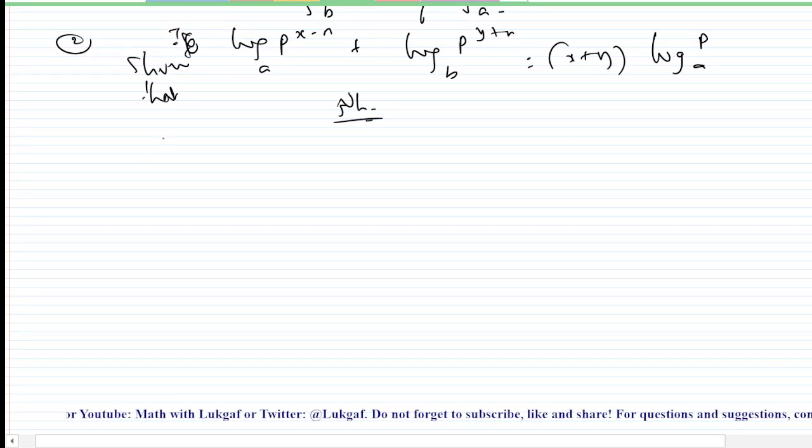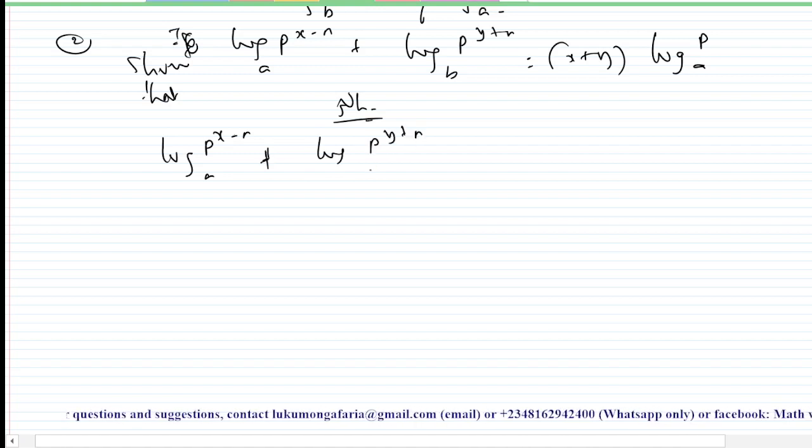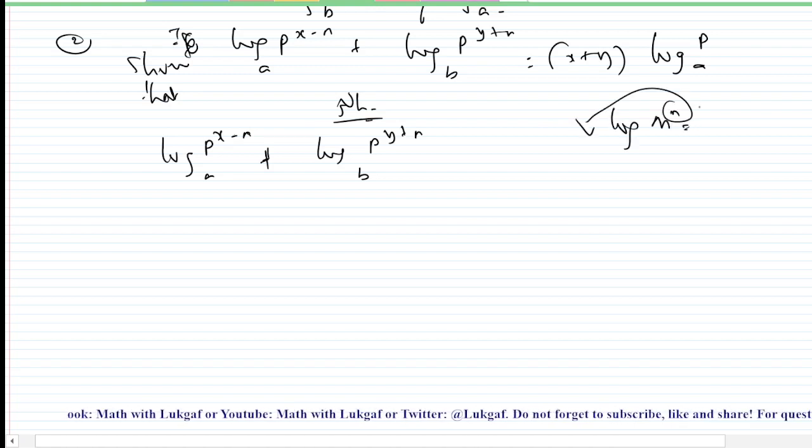Solution. I have log p raised to x minus n base a plus log p raised to y plus n base b. That is not difficult to do. Recall that this is a power, and don't forget one of the laws, the power law, is that when you have log m raised to power n, you don't need to stress yourself. Just bring this here, then I'm going to have n log m.